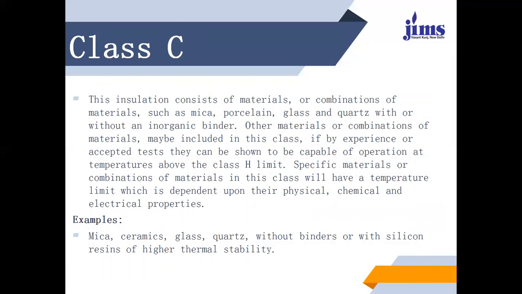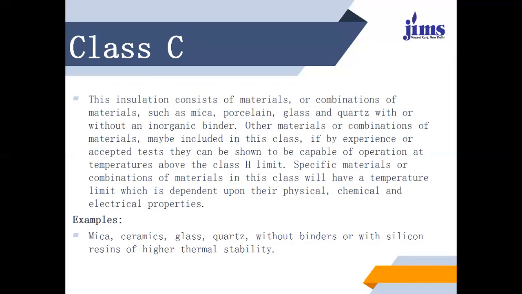Next is the class C type material. This insulation consists of materials or combinations of materials such as mica, porcelain, glass, and quartz, with or without an inorganic binder. Other materials or combinations of materials may be included in this class if by experience or accepted tests they can be shown to be capable of operation at temperatures above the class H limit.